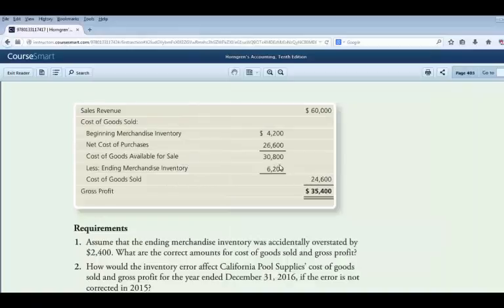But they overstated ending inventory by $2,400. So this ending inventory is actually not $6,200. It's actually $3,800. Okay, we take out the $2,400. So if we had less inventory here, that means we sold more.